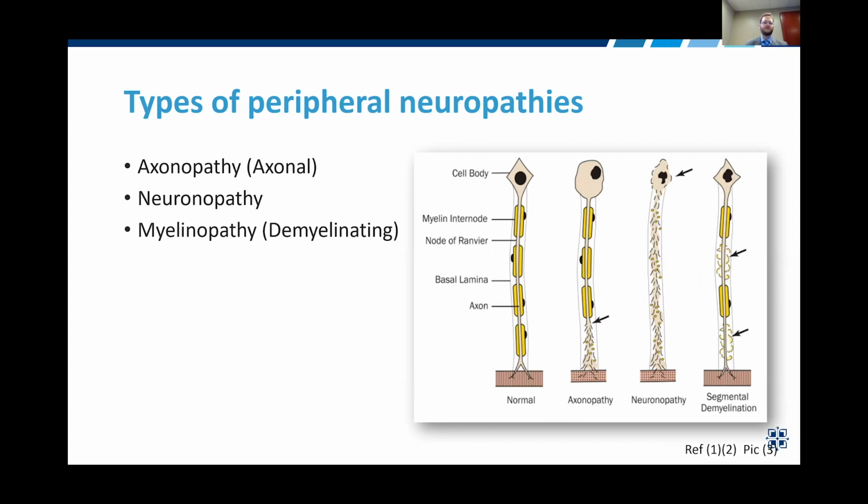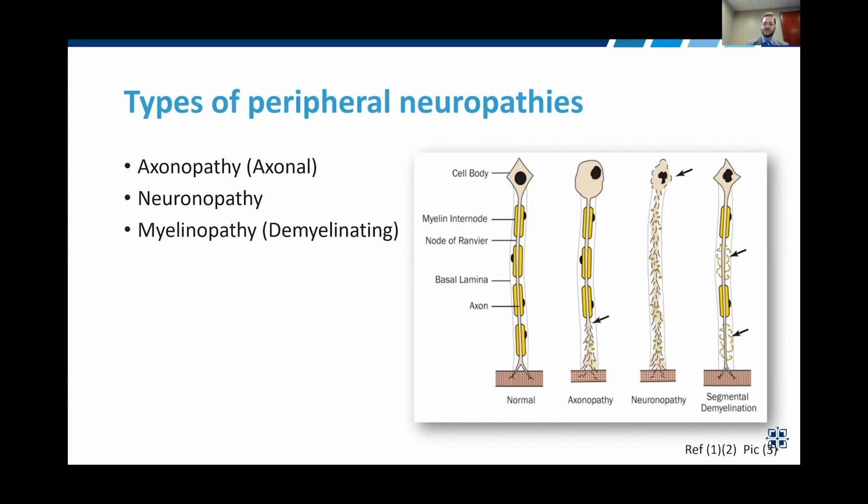So let's talk a little bit about the nerve itself. So the nerve consists of the cell body, the myelin, and in between the myelin are these nodes, which are very rich in ion channels. And then there is the axon itself.